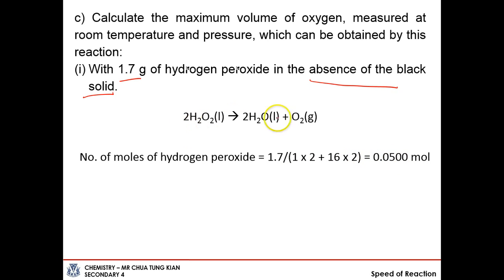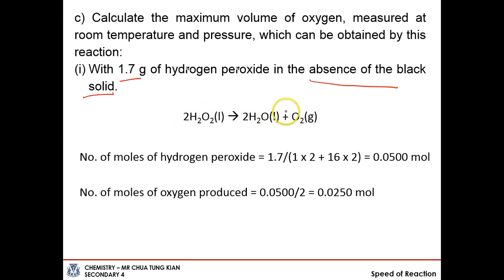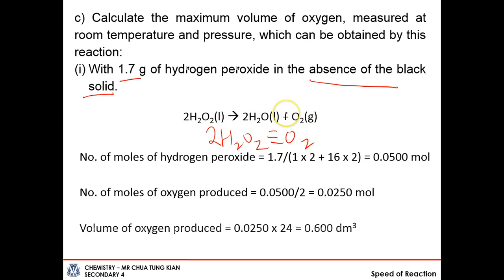The ratio is 2:1. 2 H2O2 is equivalent to 1 O2. So 0.05 moles of hydrogen peroxide will give me 0.0250 moles of oxygen. It is half, 2:1. To find the volume, I multiply by 24, because it is at RTP, and we get 0.600 dm cube of O2 produced in the absence of the black solid.